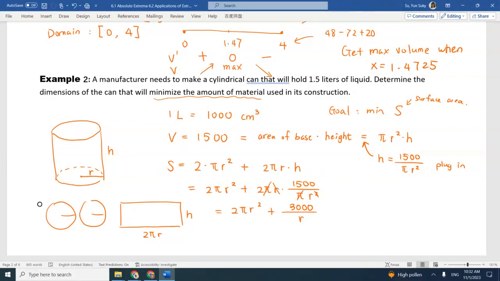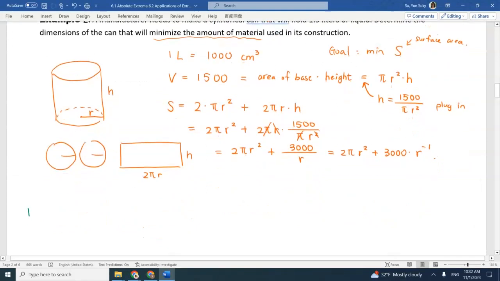Right, everybody? And before you differentiate, make it into the standard form. The standard form is 1 over r is r to the what power? Negative 1. Yes. When you use the power rule, please make them into the standard form. Okay, everybody?